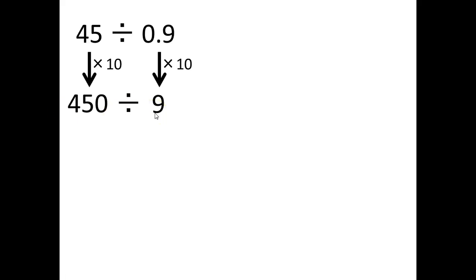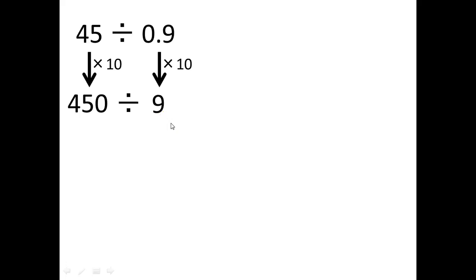Probably more students would think that this number sentence is much easier to solve and work with compared to this one here, because we got rid of the decimal number and now have two whole numbers.